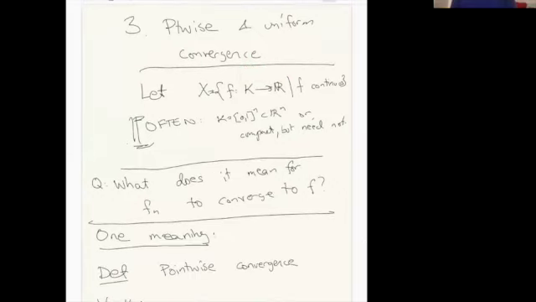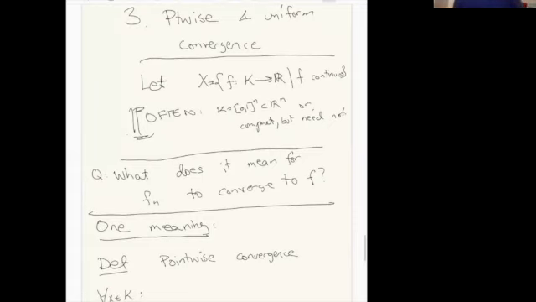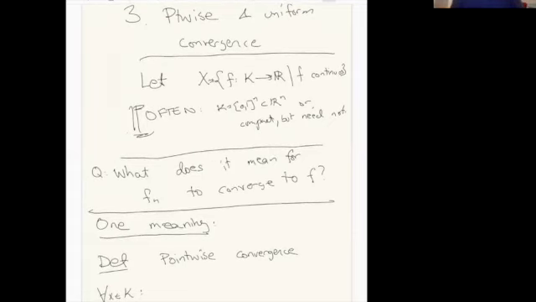And what do we mean by convergence of a function to another function? The simplest way to define this is to define the so-called pointwise convergence. And well, you could argue whether it's the simplest way, but what it means is that you fix a point, and then you get a sequence of points, f_n(x). And this is a sequence of points either in a metric space, or in our case, these are real numbers.